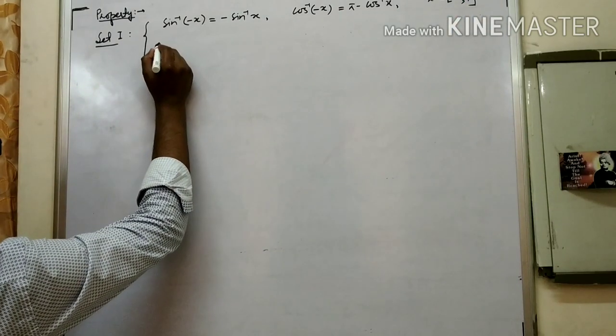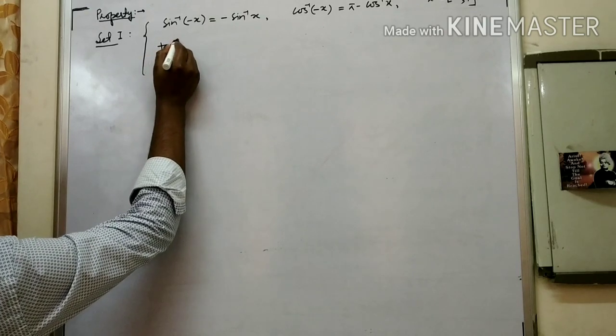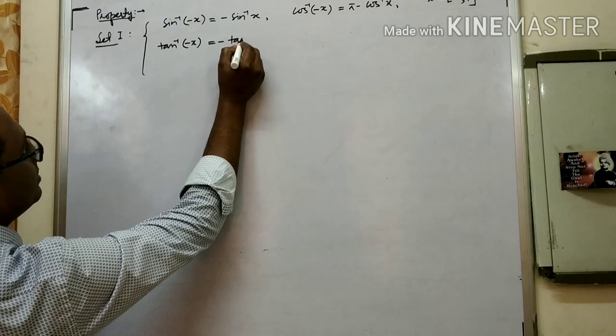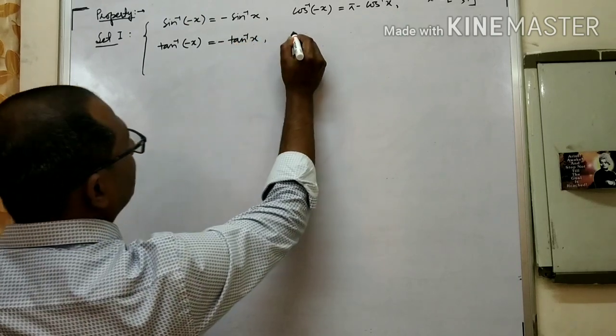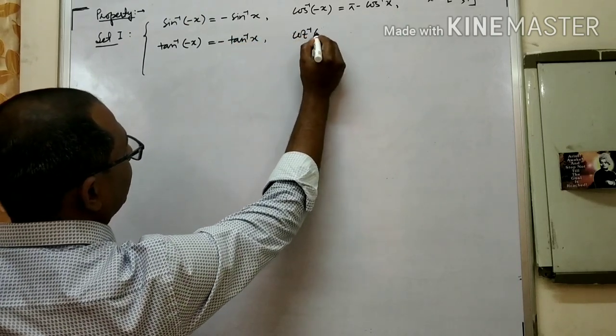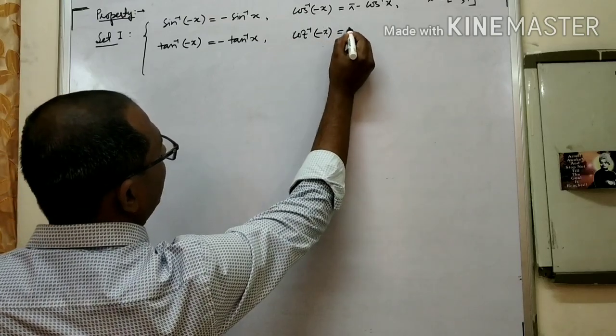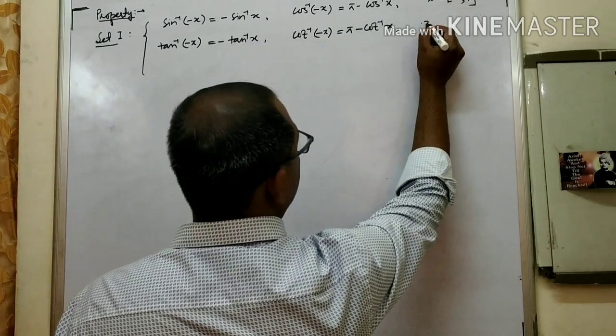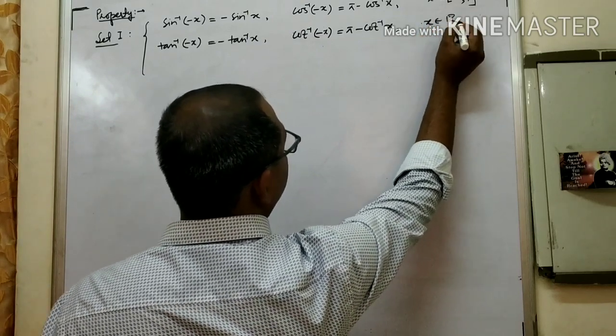Next is tan inverse of minus x is minus tan inverse of x. Cot inverse of minus x is pi minus cot inverse of x. And both these results are true for all real numbers.